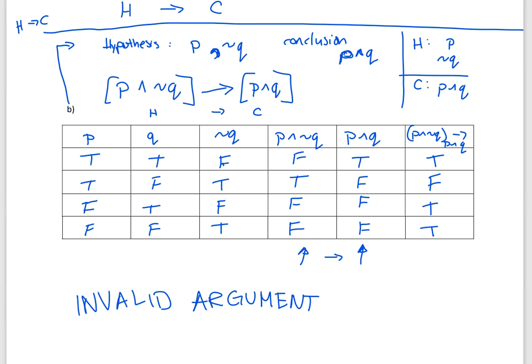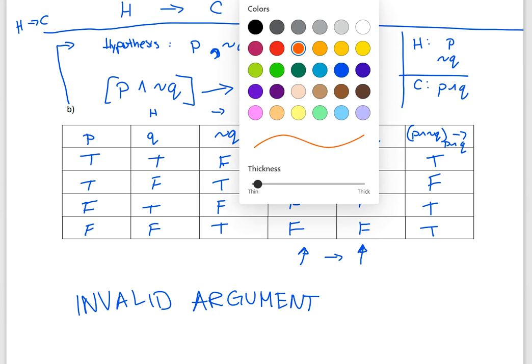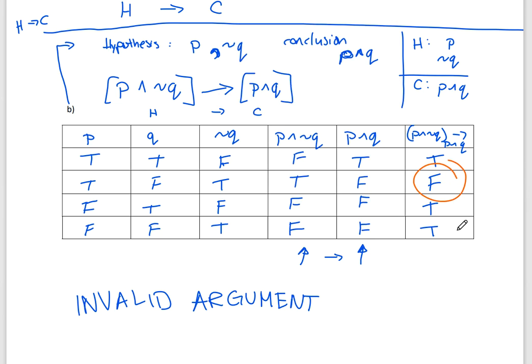This false here tells me that this argument will not always be true. There is a scenario where my hypothesis will not lead to a true conclusion. So we have false. Even though we started with false for this one, it doesn't matter as long as it meets our conditional requirements. So we have a false, I don't have a tautology, my argument is invalid.